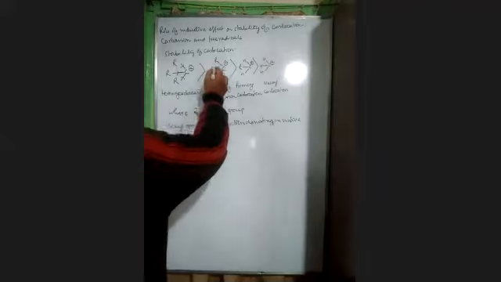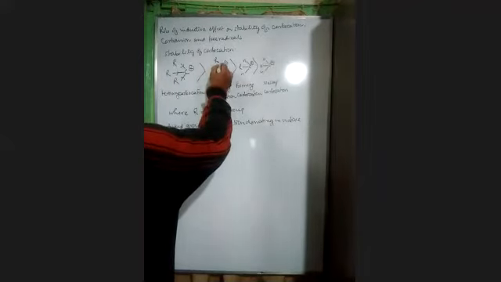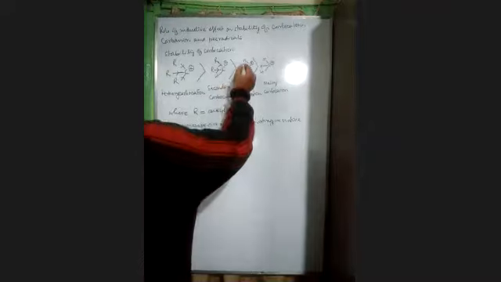So in this case you have 2 alkyl groups. Here it has only 1, and here it has no alkyl group, because hydrogen can neither attract electron nor donate electron. So because of this plus I inductive effect, this is the stability of the carbocation.